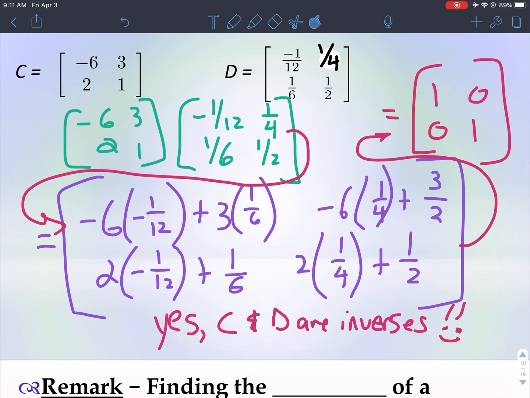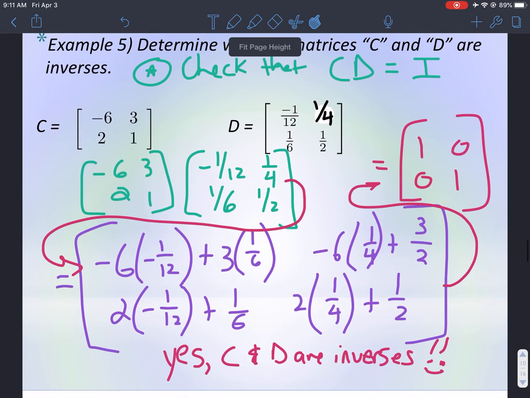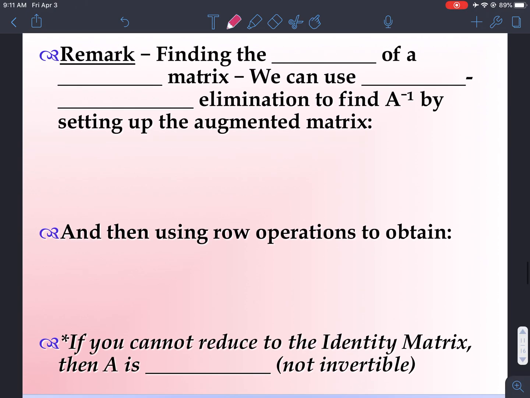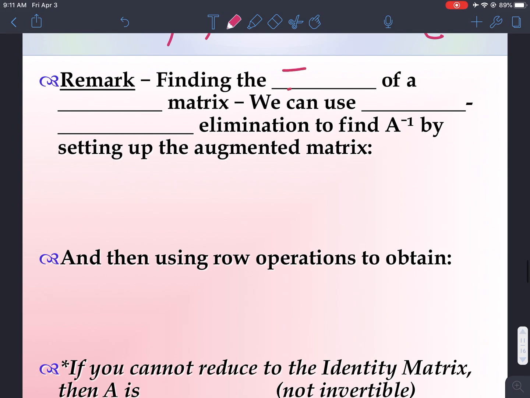This is the first type of question with inverses: check that two matrices are inverses. There is another way to find the inverse of a square matrix. We can use, you guessed it, row echelon elimination. We could also say that's Gauss-Jordan.